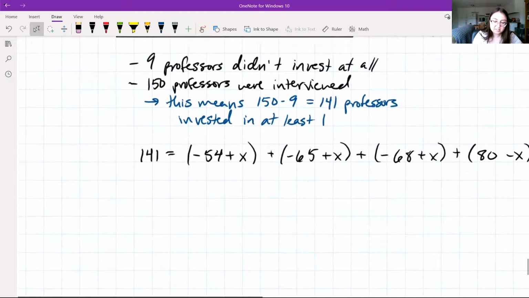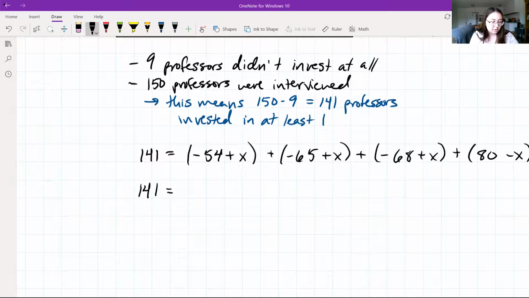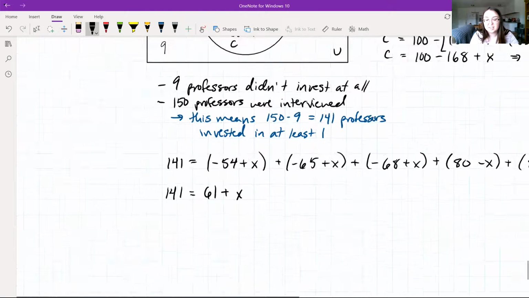So if we simplify this down, which I highly encourage that you pause the video and do, you should end up getting a very measly 61 plus x.